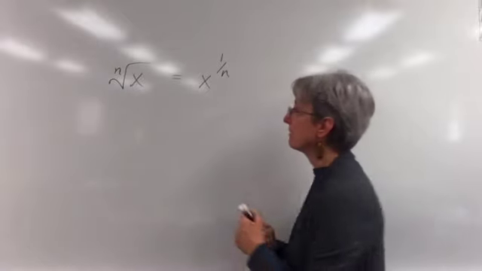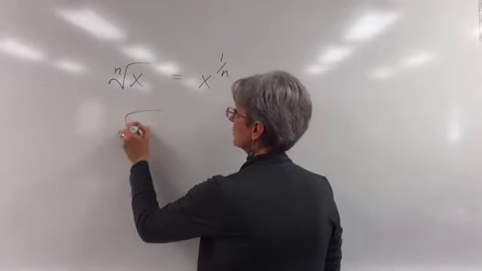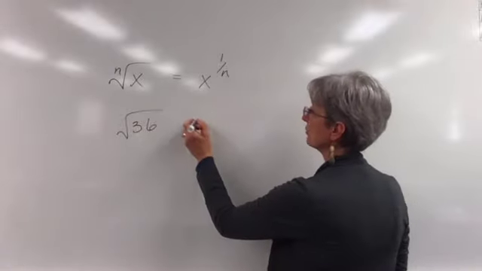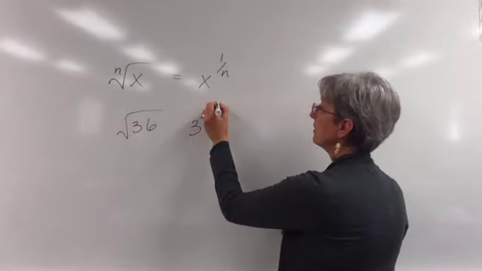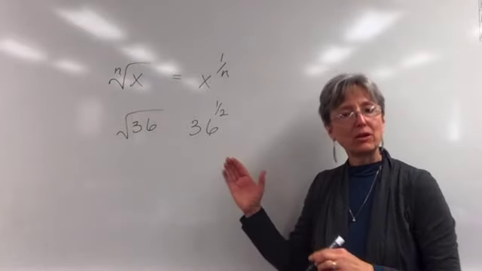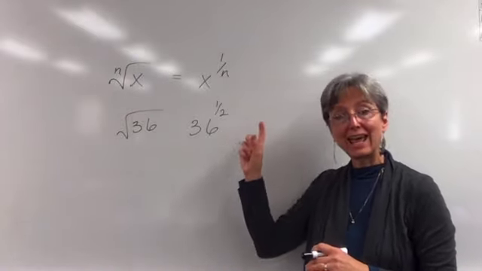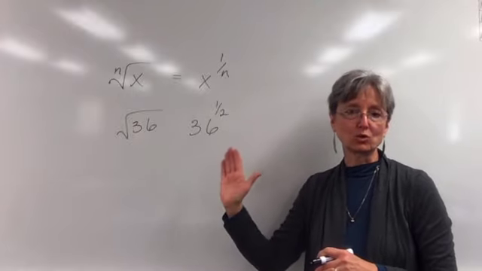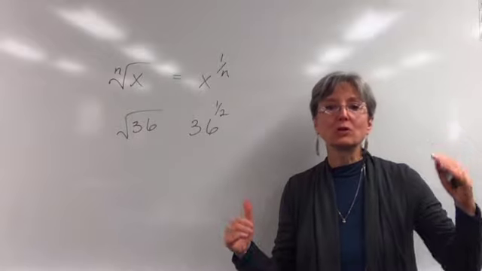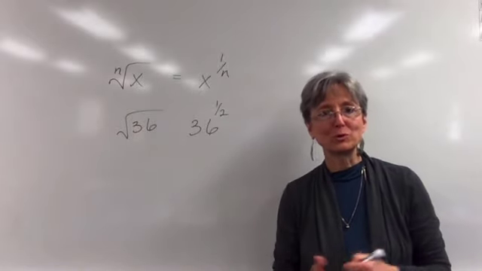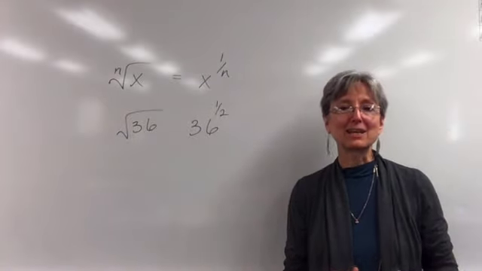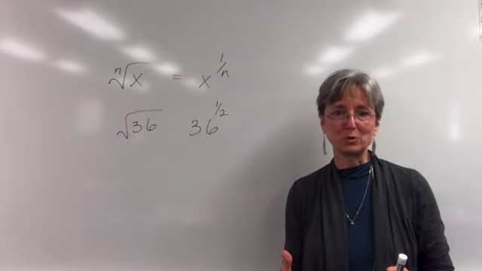For instance, if I have the square root of 36, then that's the same as 36 to the power of 1/2. So now you know something to the power of 1/2 is the same as its square root. Something to the power of 1/3 would be the same as its cube root. Something to the power of 1/4 would be the same as its fourth root.